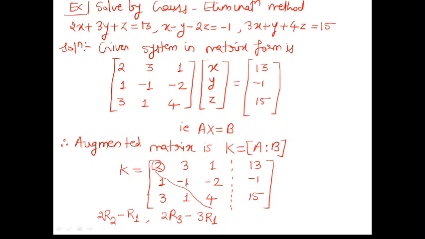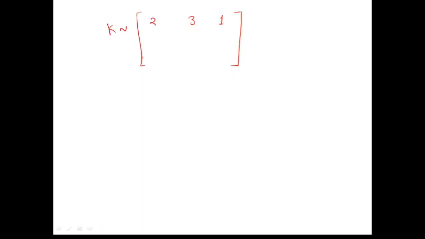Both the elements are minus 5. So we have 0 minus 5 minus 5, then here we need to write the changes in the last column as well.